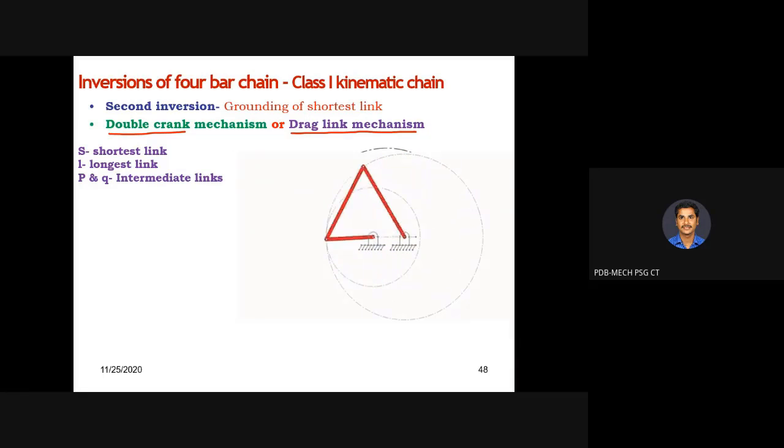So this is the animation for the drag link mechanism. This is your fixed link. If this is fixed, observe the motion of the other links. All of these links are going to make a complete 360-degree rotation along the path traced by this one.